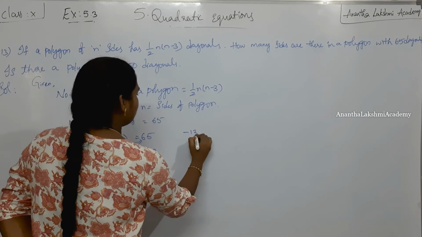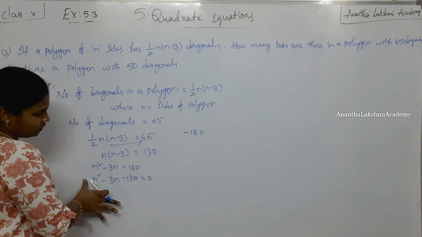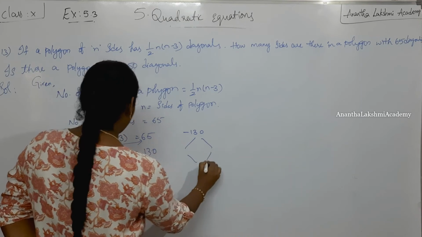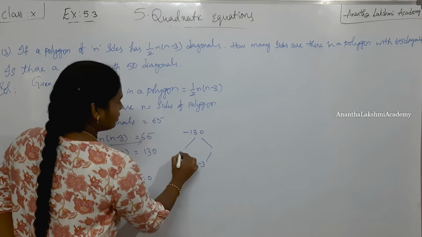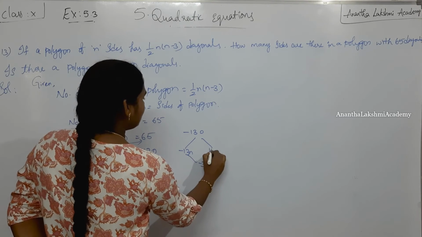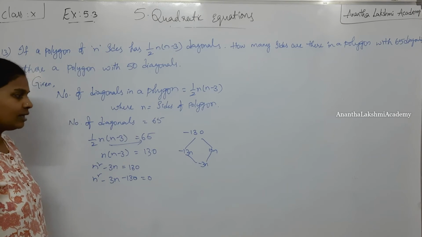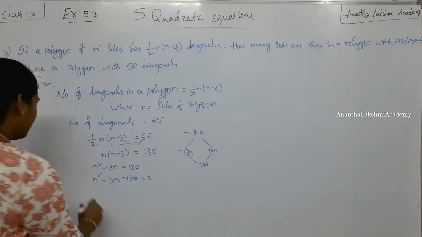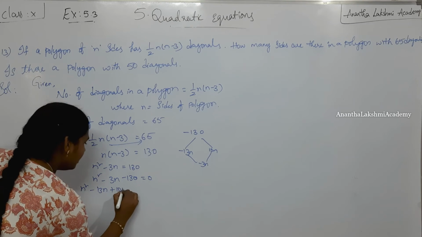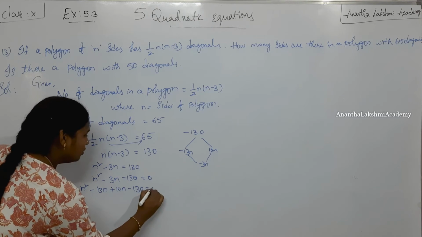Now the product of the coefficient of n square and the constant is minus 130, and the sum needs to end up as minus 3. So can I consider this as minus 13n plus 10n? Minus 13 plus 10 is minus 3. So let's go with that. n square minus 13n plus 10n minus 130 is equal to 0.